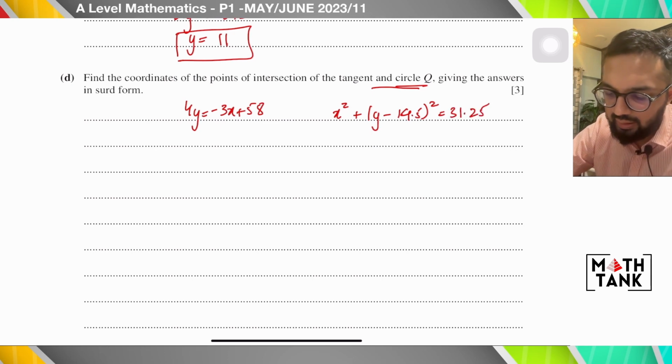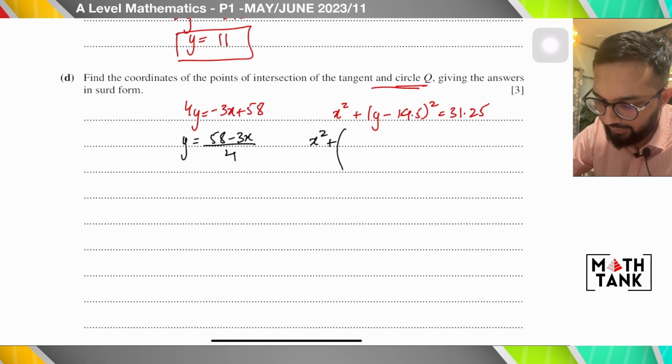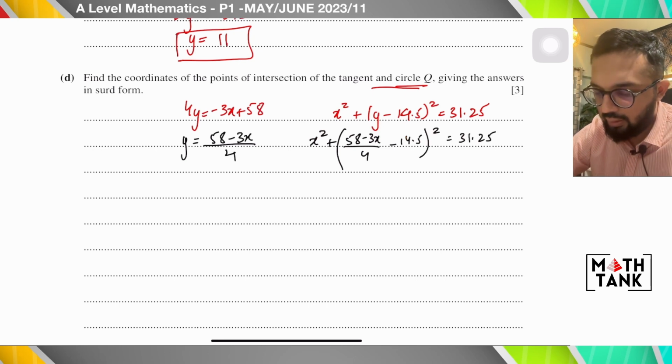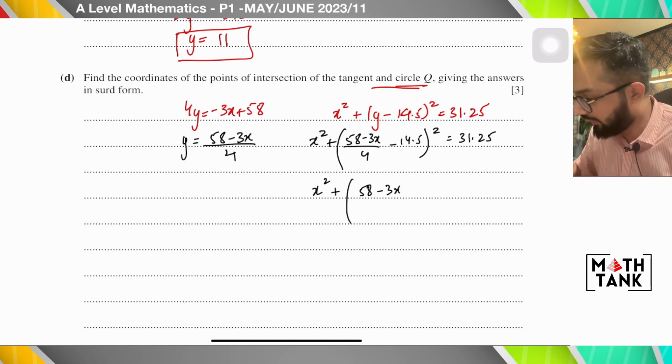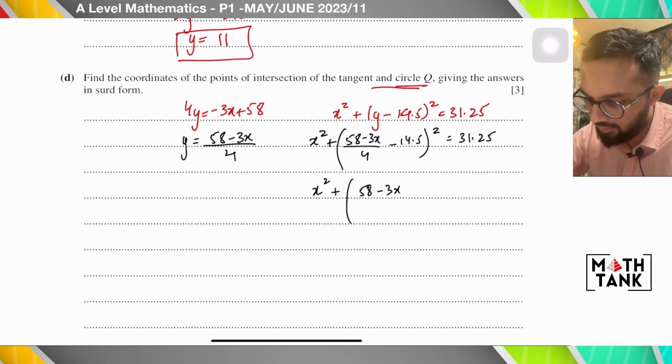Now to solve this simultaneously, I will have to make one of these the subject. I can make x the subject or y the subject. That's my call, so I'm going to make y the subject and write x squared plus 58 minus 3x over 4 minus 14.5 whole squared equals 31.25. 14.5 into 4 is also 58, which should simplify my calculations.